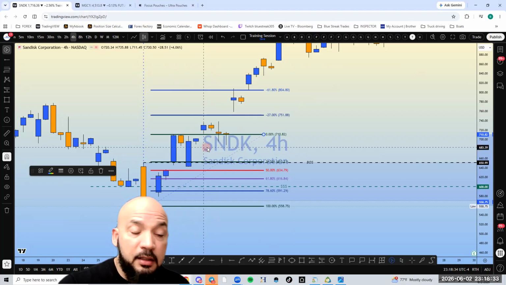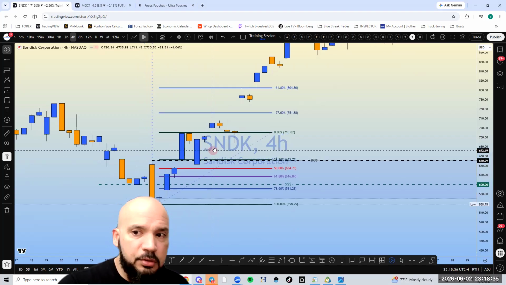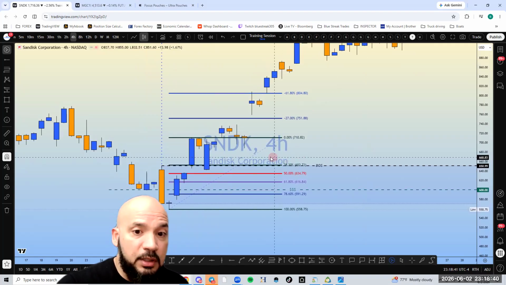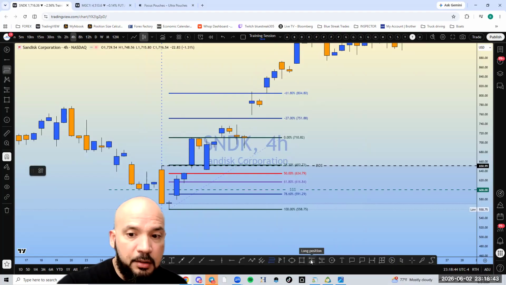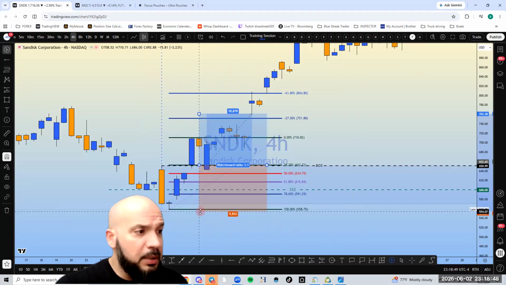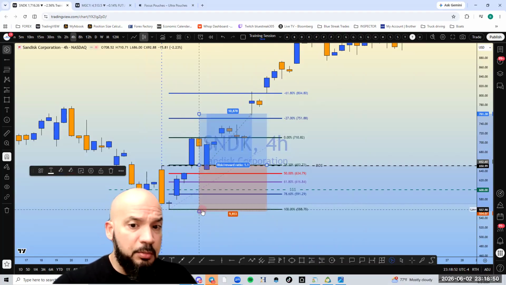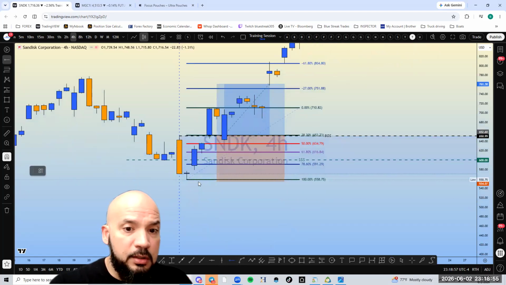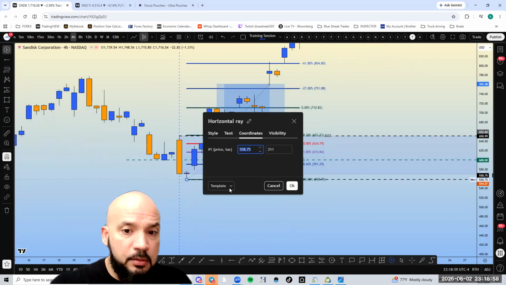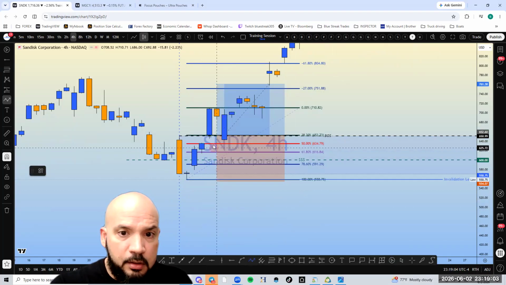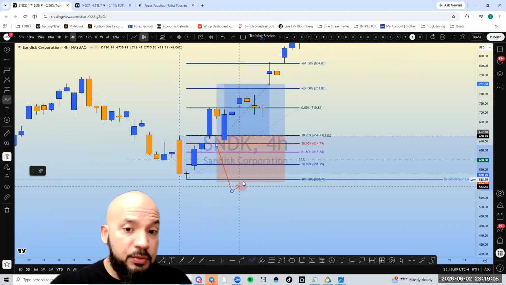If you knew what you were doing, you could have gone in at 650 or 651, right here. Boom. I don't know if you play stop losses when you trade these things, but that's where you would have placed the stop loss. This is what you call the invalidation level. If the market came back all the way down here and closed below here, that's when you exit with whatever loss it is.